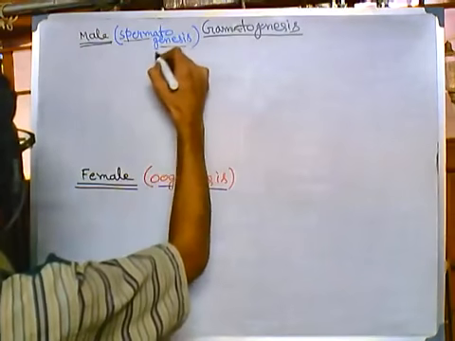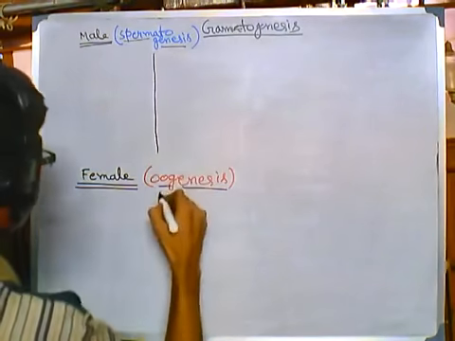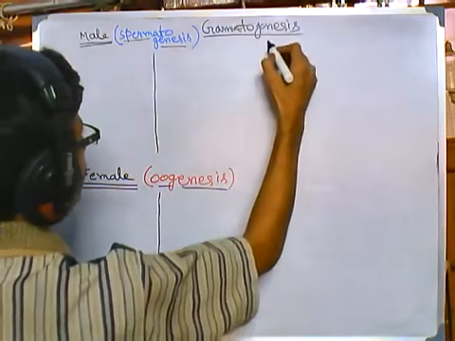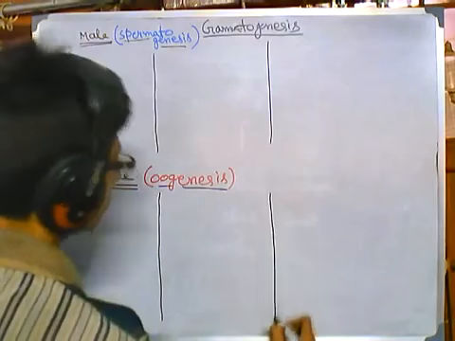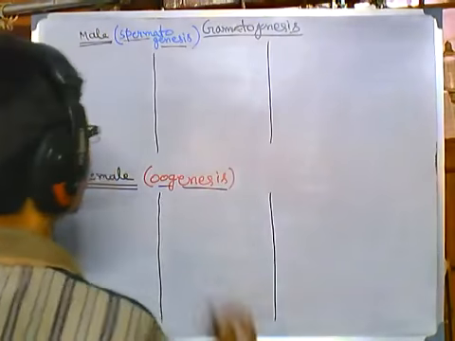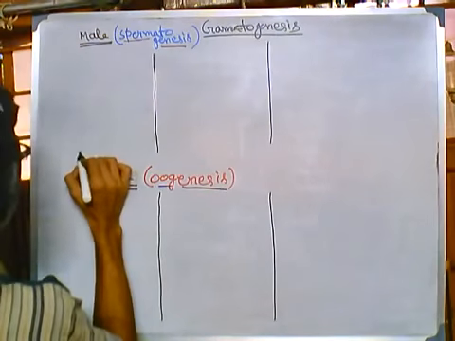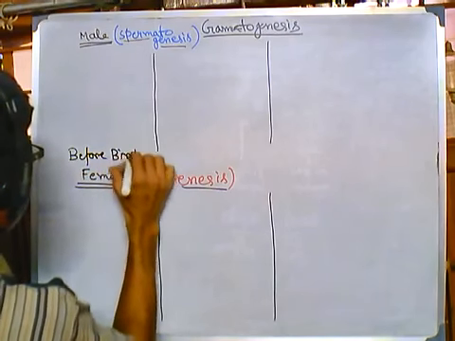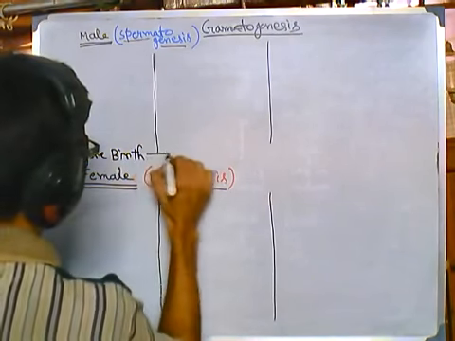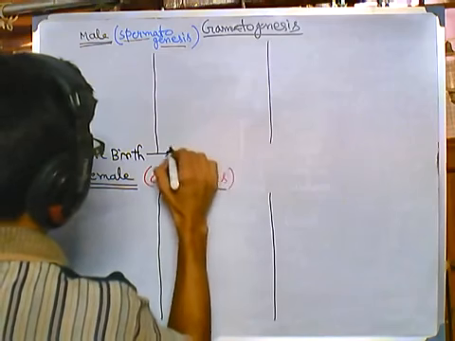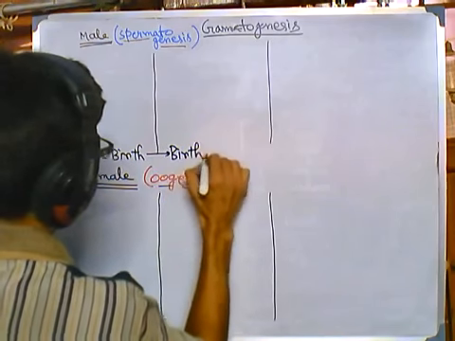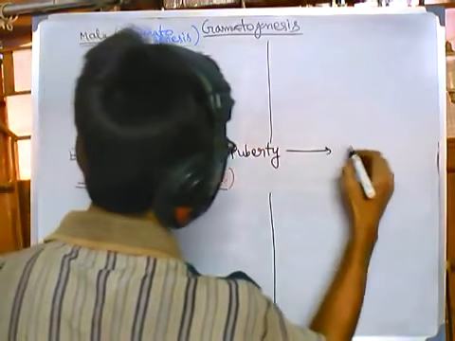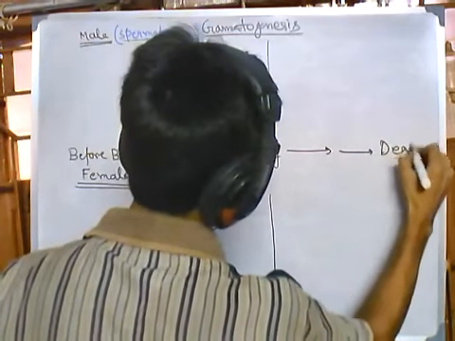So this is before birth. I'll be dividing the first row as before birth, then we'll be talking about from birth to puberty, and then the third part we'll be talking about from puberty to death. So here it is: this is before birth, then from birth to puberty, then from puberty till death.